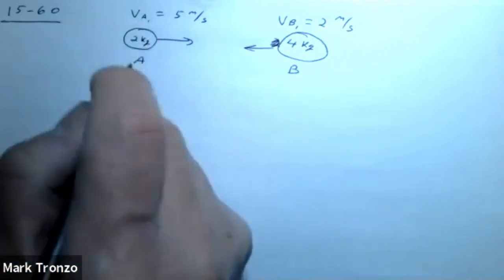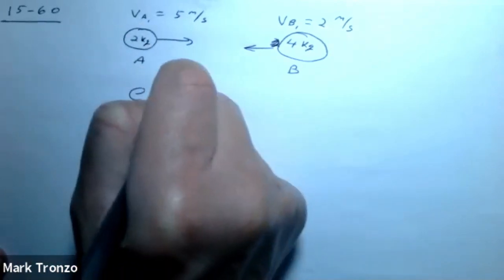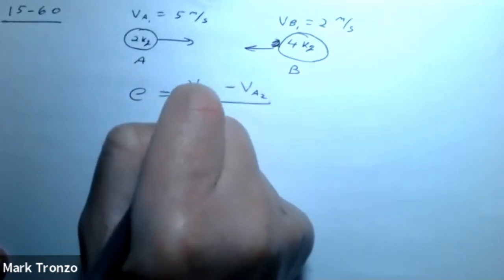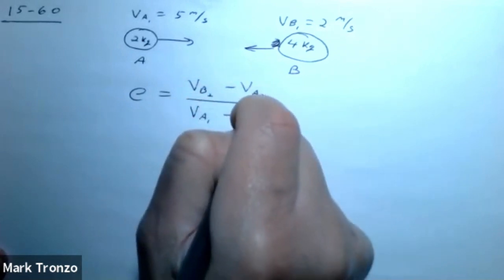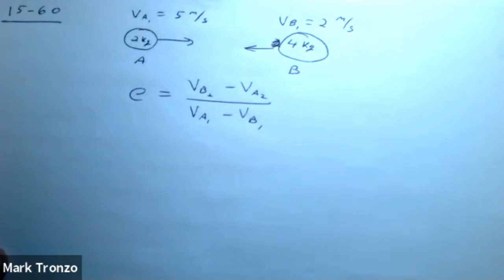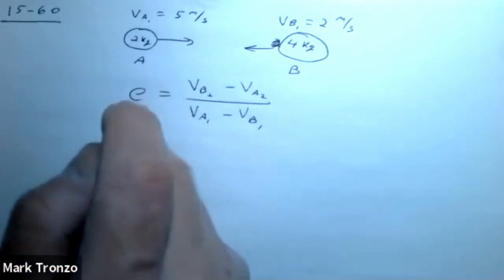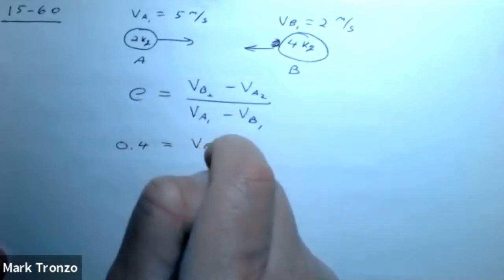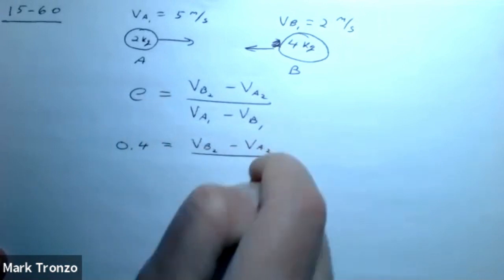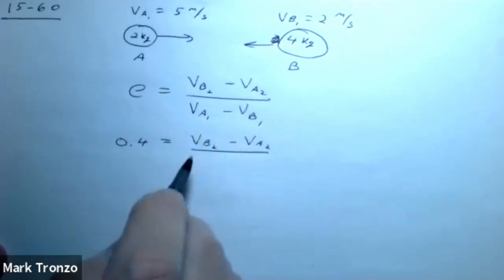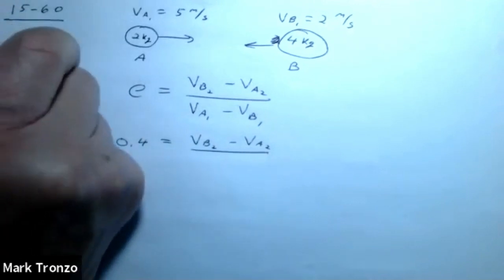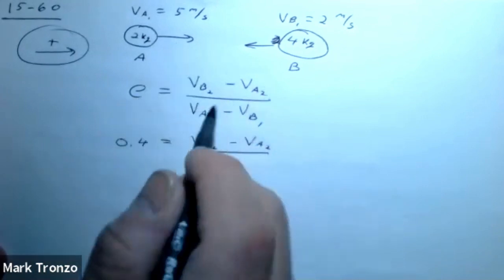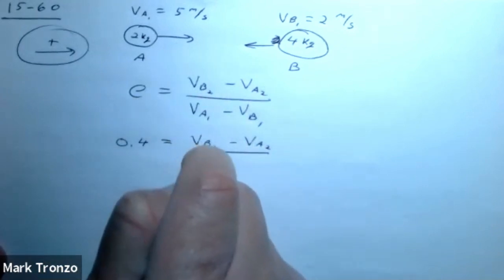So we're given the coefficient of restitution, so let's write down the equation: VB2 minus VA2 divided by VA1 minus VB1. And we're given e, so we can plug that in. If we call positive moving to the right, then VA1 is going to be a positive 5.